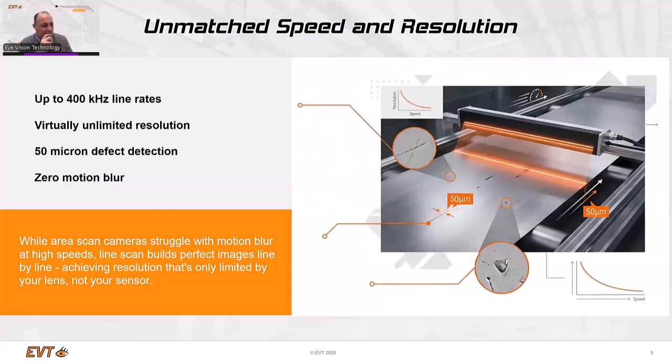And as we see in this picture, you only have to illuminate the line, the area where the line captures the material. So this is much easier to illuminate perfectly than an area you have to capture with an area scan camera, especially if we assume this is a reflective material.